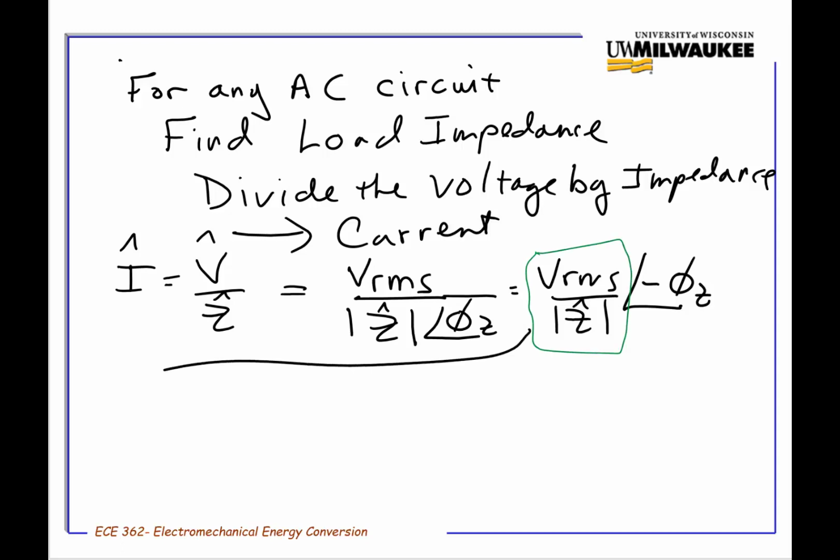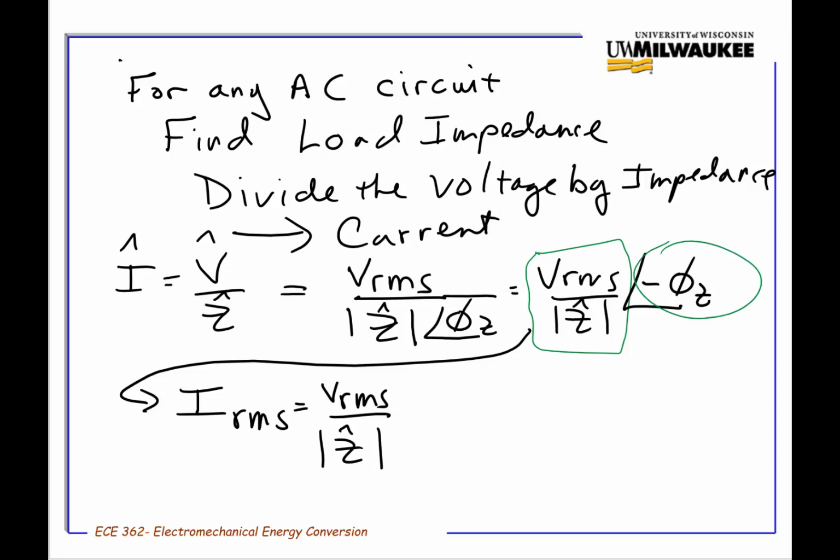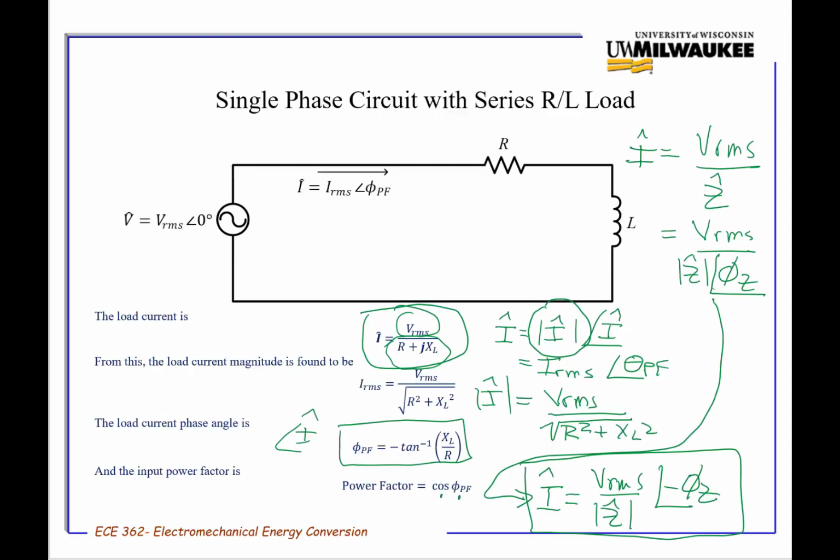Well, that is the RMS current. IRMS is VRMS divided by the amplitude Z. And what is this? Well, remember, that's the power factor angle. So the power factor angle is equal to the negative of the impedance angle.